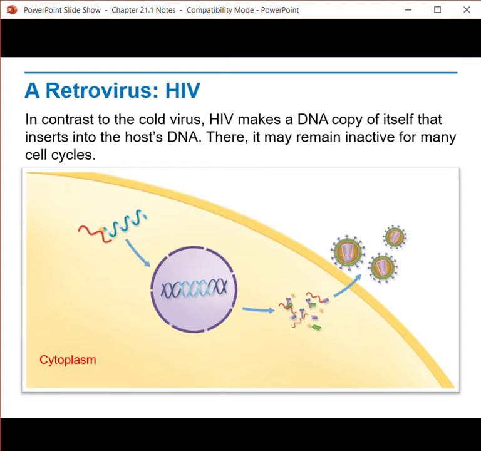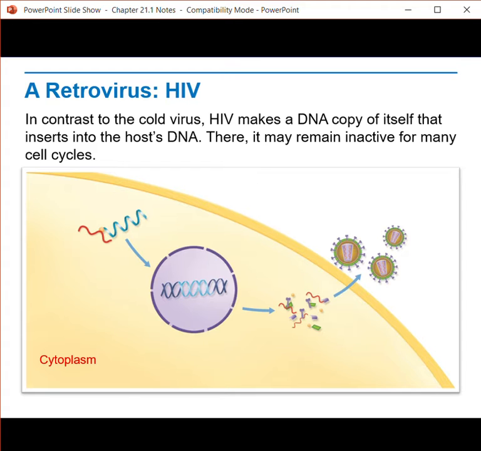So HIV belongs to a group of RNA viruses that are called retroviruses. The genetic information of a retrovirus is copied from RNA to DNA instead of DNA to RNA. We've talked about in the past, DNA makes RNA, makes proteins.